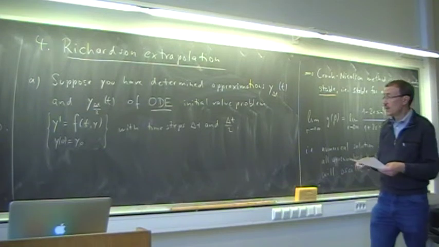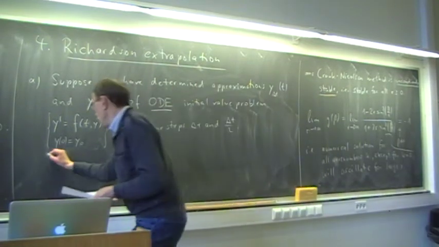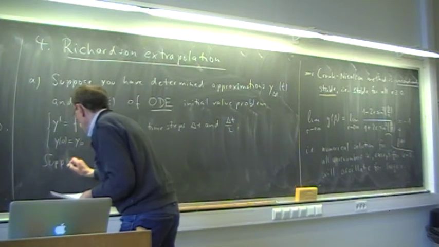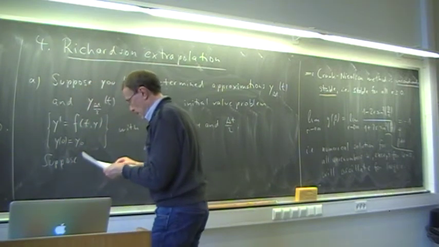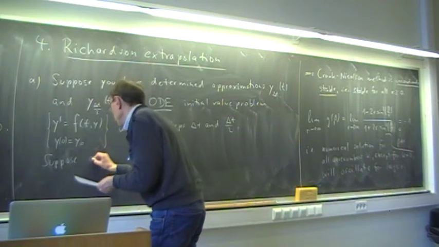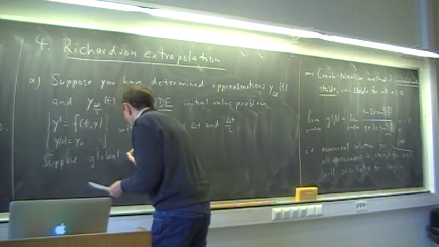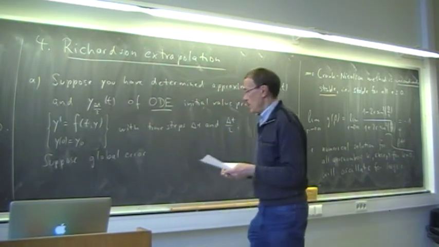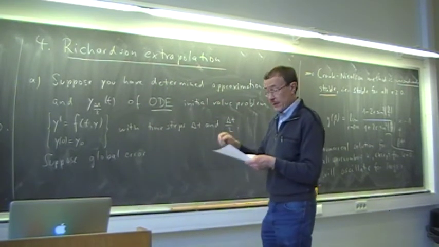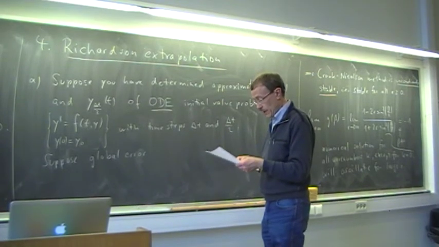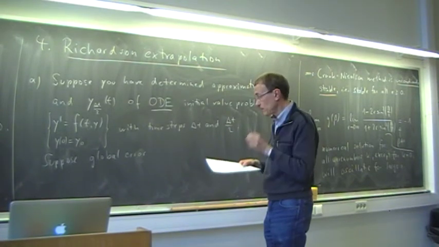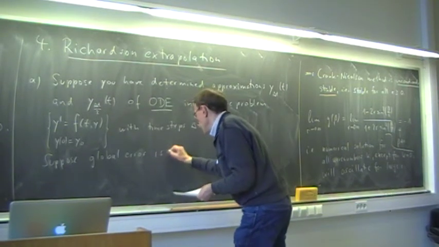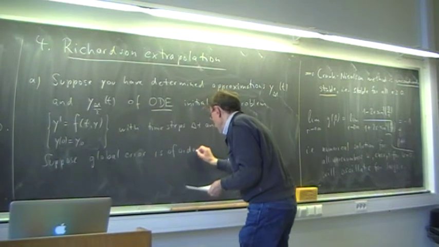Now we make an assumption. We suppose that the global error, that is, we looked at it in the beginning, what we call the truncation error for the ODE, so we consider the global error is of order p.